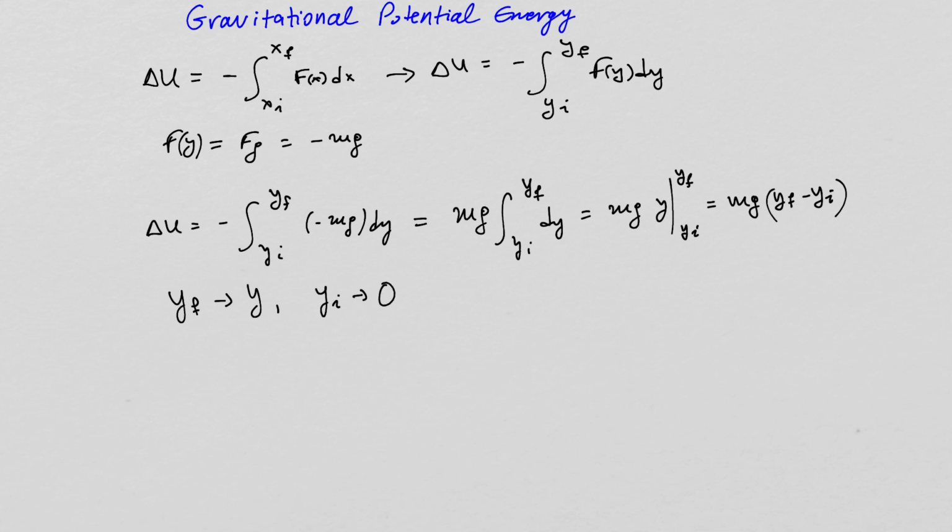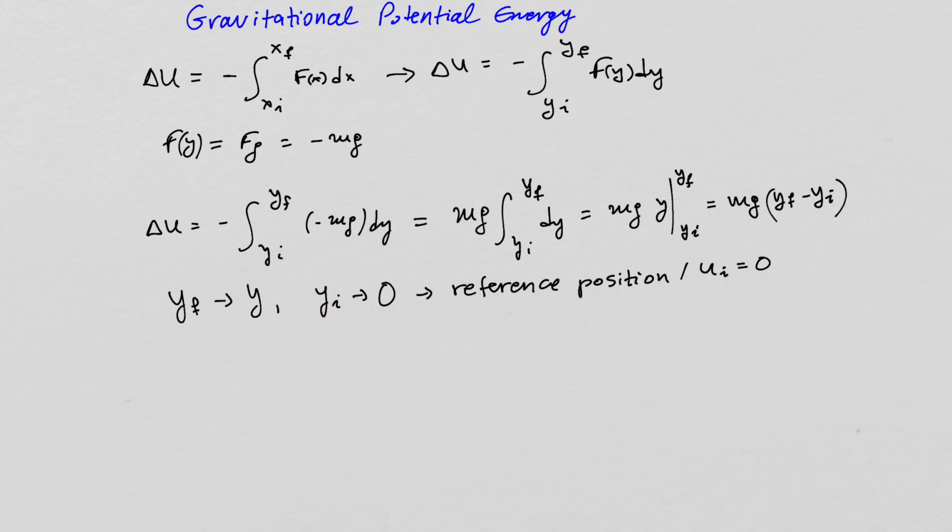And we are going to call this the reference position. So at this position, the gravitational potential energy initial will be equal to 0. So in that notation, what we are doing is measuring the gravitational potential energy with respect to that reference position.